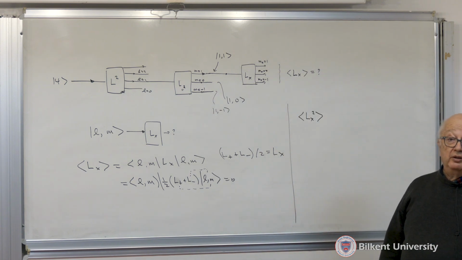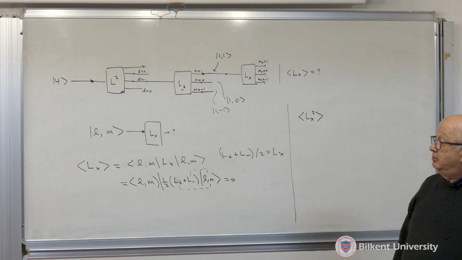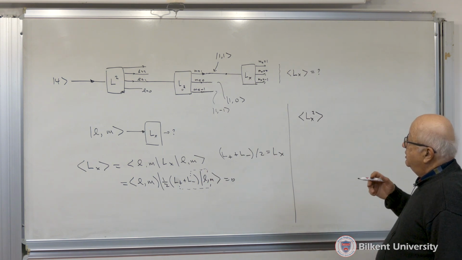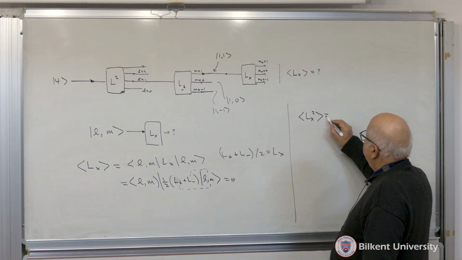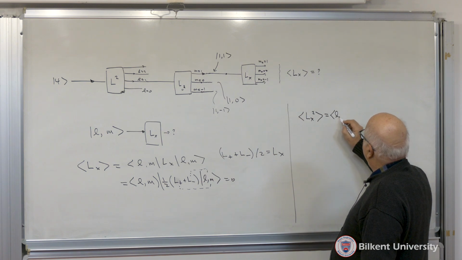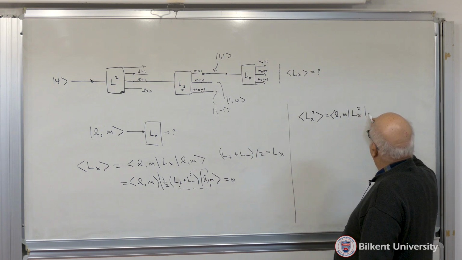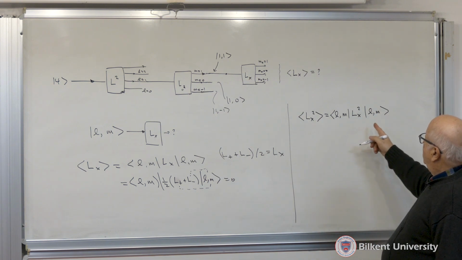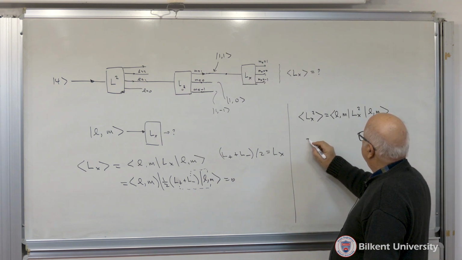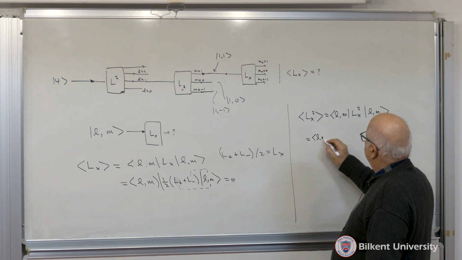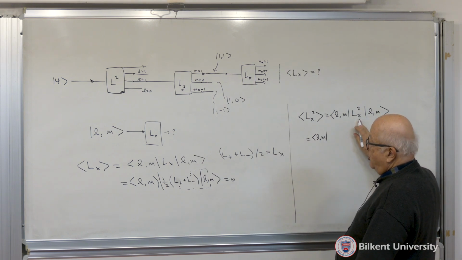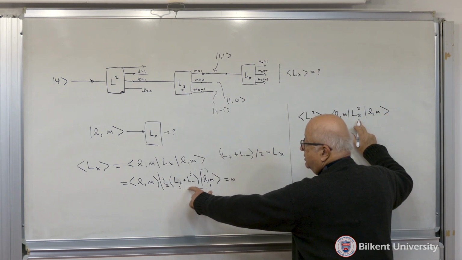So what is Lx squared? Let's just see. This is going to be <l,m| Lx squared |l,m>. And what is Lx squared? You know what Lx is, this is just the square of that.